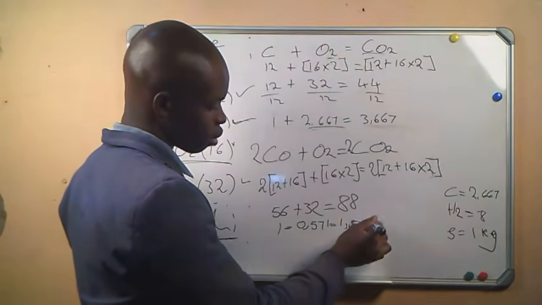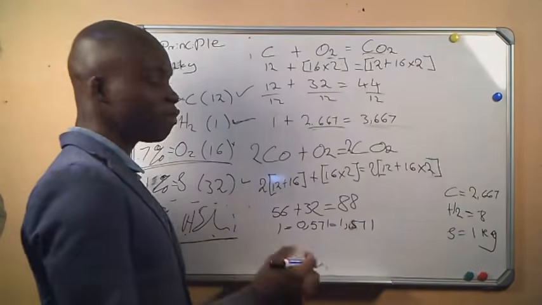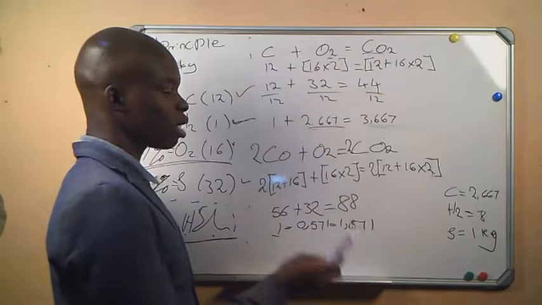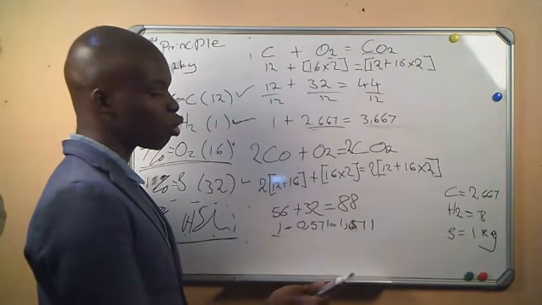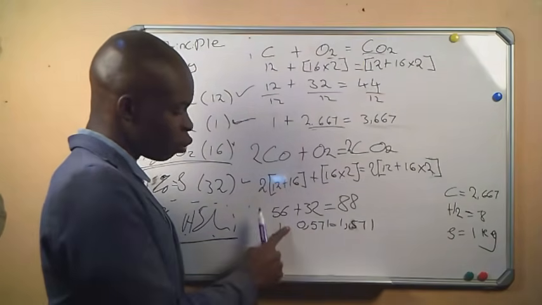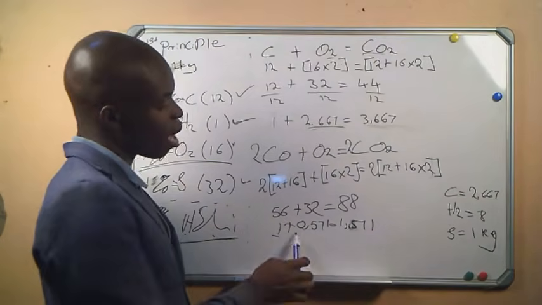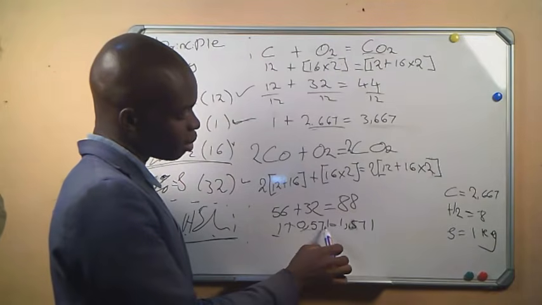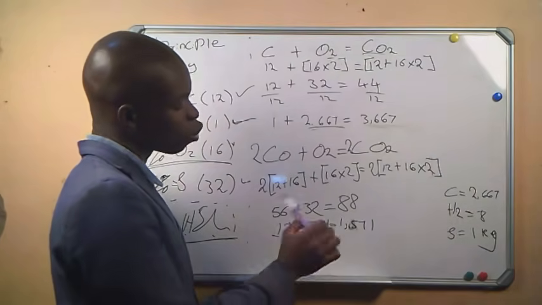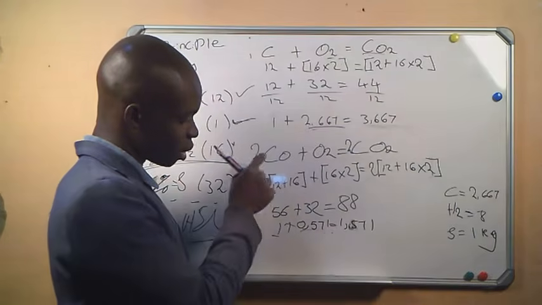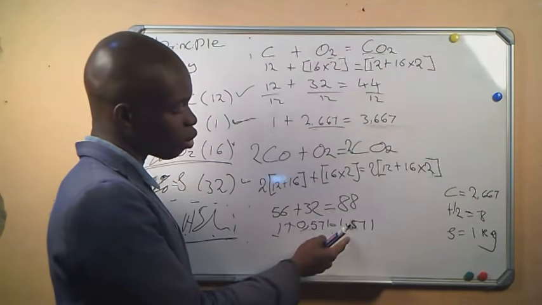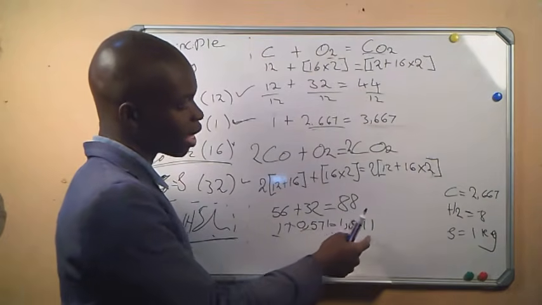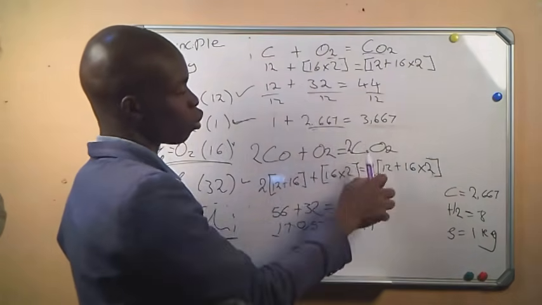It's equals to 1.571 kg. This tells us that if you had 1 kg of carbon monoxide and you wanted to react it with oxygen to produce carbon dioxide, it will require 0.571 kg to completely burn the carbon monoxide and form a product which is 1.571 kg of carbon dioxide.